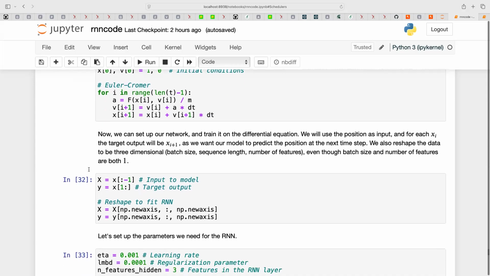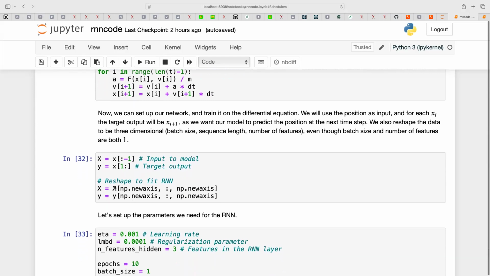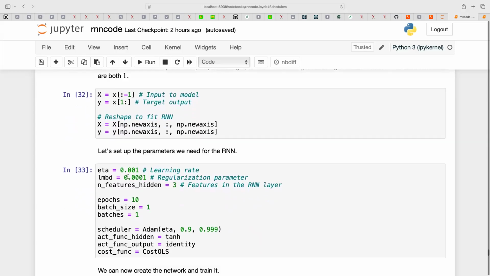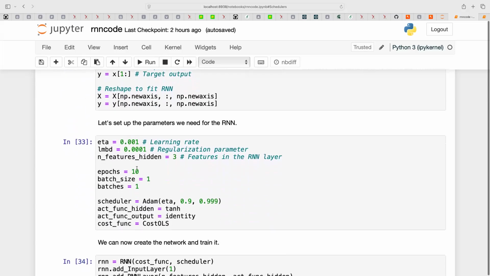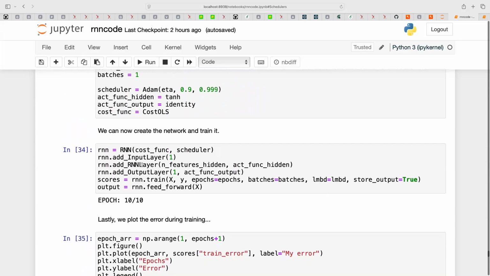And then you can see now that x is given by the input to the model, and y is the target output. And then I simply set up and reshape to fit to the RNN. I'm setting up my learning rate, my hyperparameter, and then I do the scheduler. It's a pretty simple network, just so that it can run quickly through it.